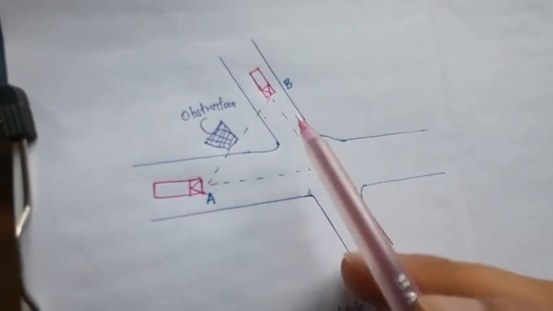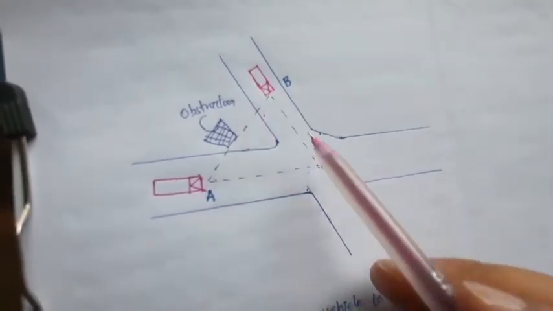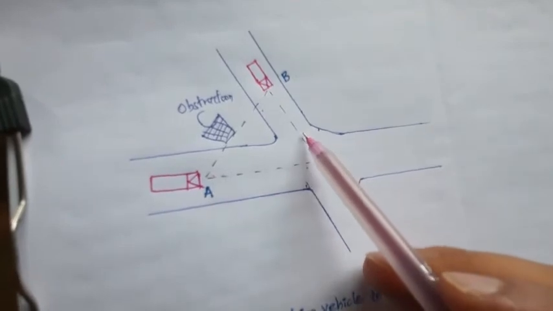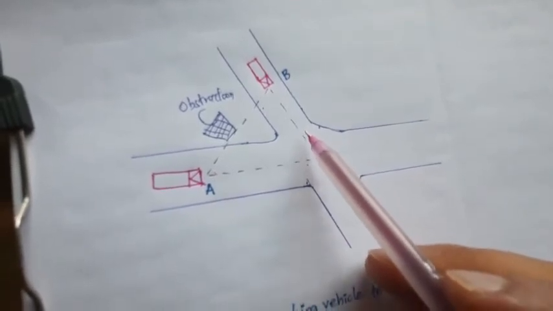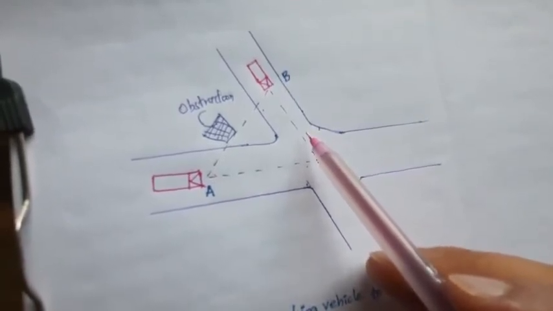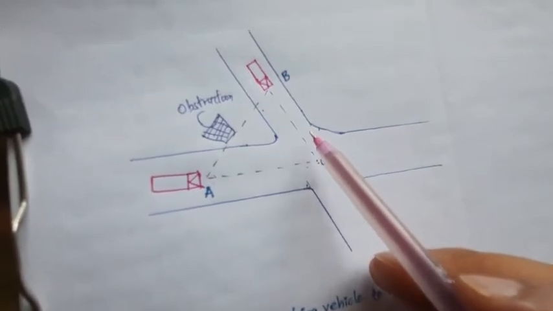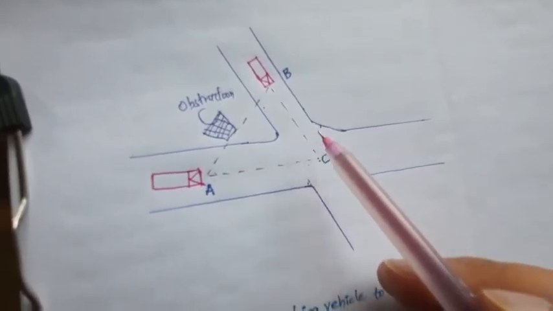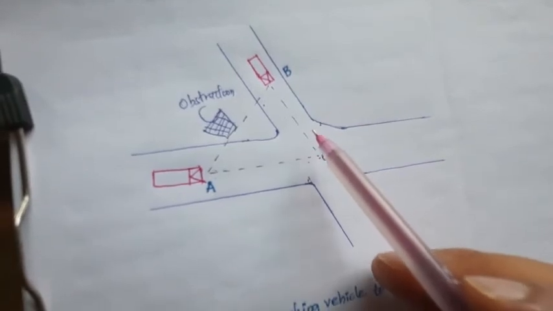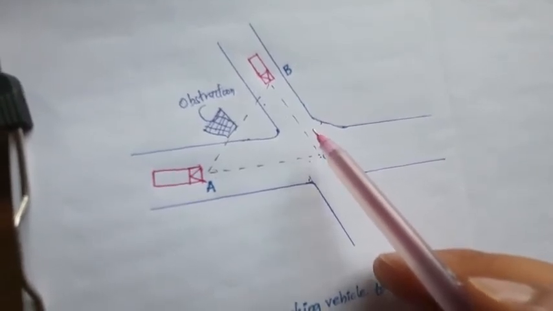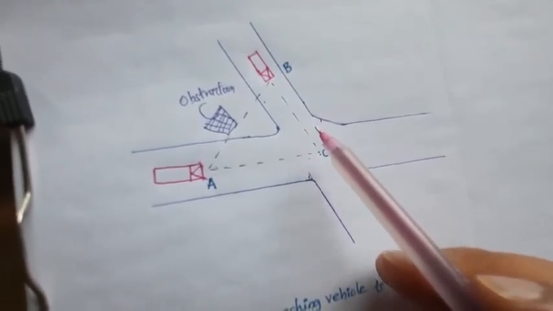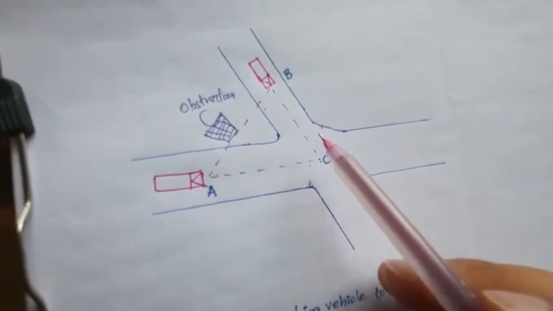So here the approaching vehicle has to stop. The sight distance requirement to stop is higher than that for change of speed, and hence the vehicle can be stopped if necessary. In such cases, the sight distance for the minor road should be at least equal to the stopping sight distance for the design speed of the road.